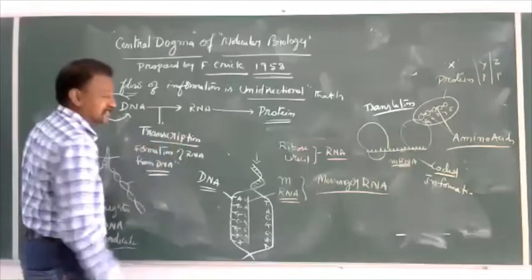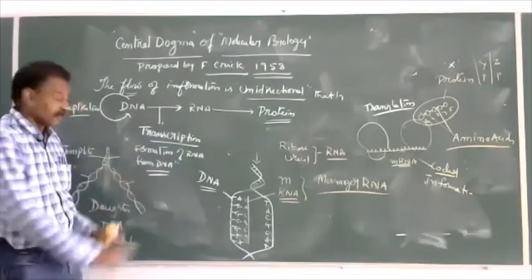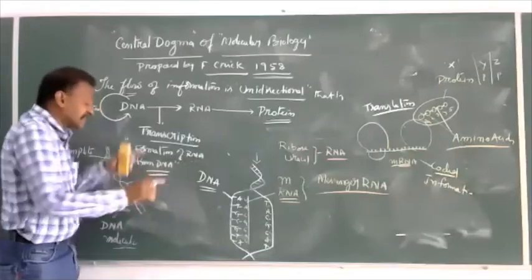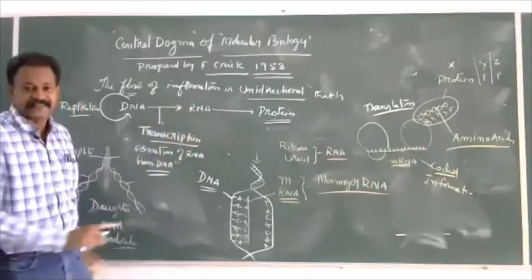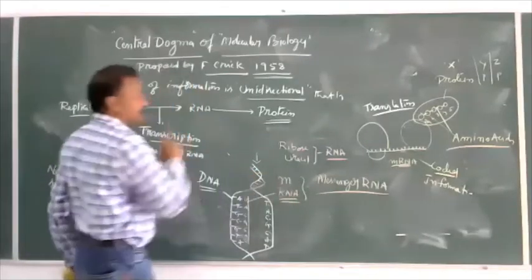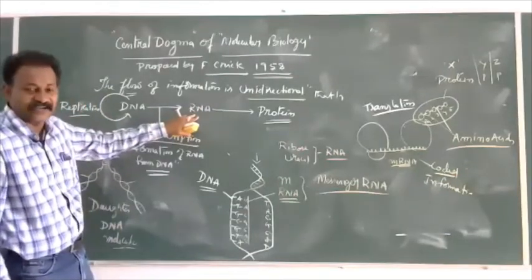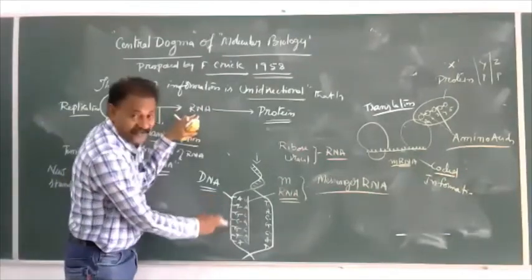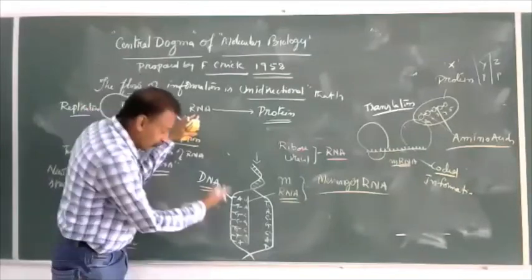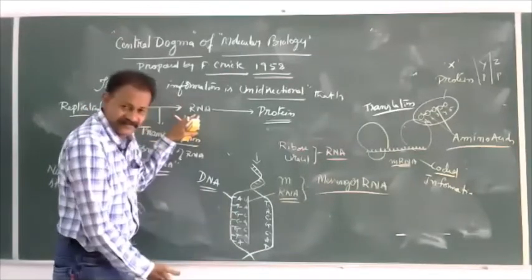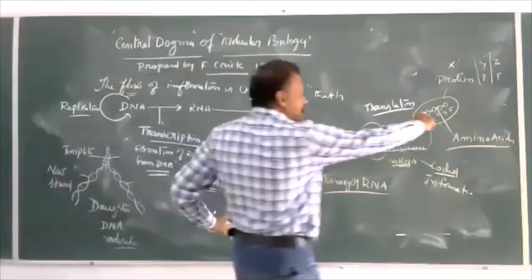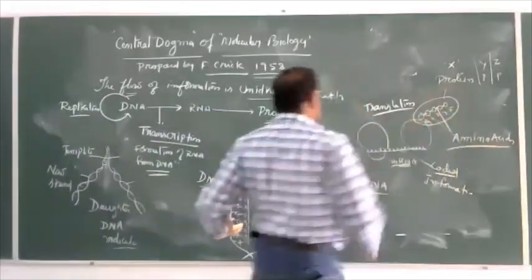I repeat, formation of RNA. This formed RNA is called messenger RNA. So it is taking a message. What message? The information of nitrogen bases, which ultimately produces amino acids and proteins.